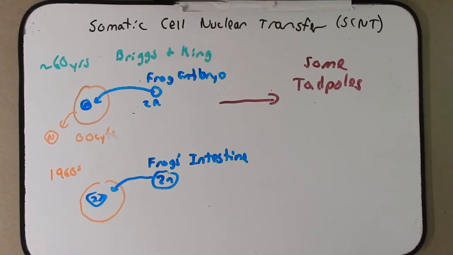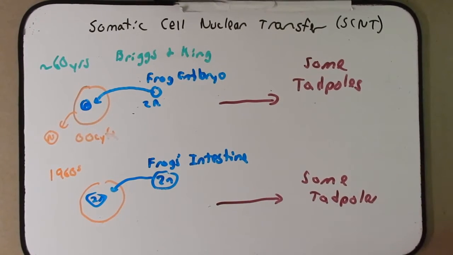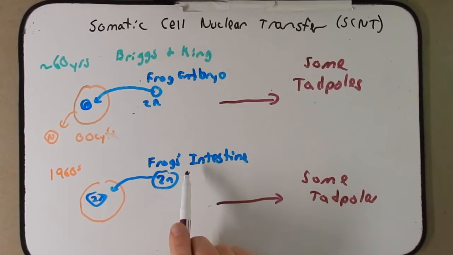And again, what they found was that some tadpoles would form. Again, it wasn't incredibly efficient, but they did get some that formed, again proving that even in a fully differentiated cell, the nucleus could remember.